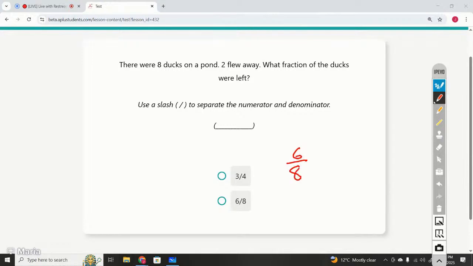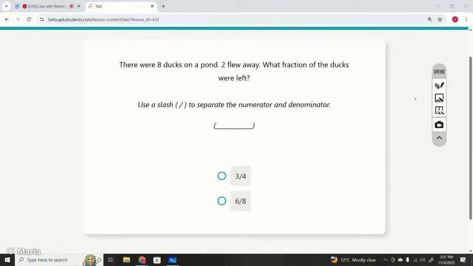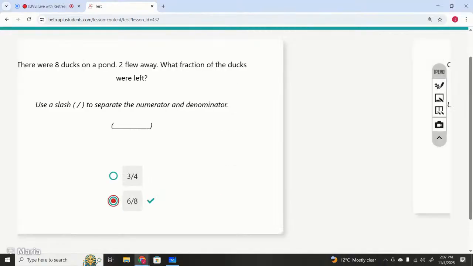That is 6 over 8. Option number 2 is the correct option. That is 6 out of 8.